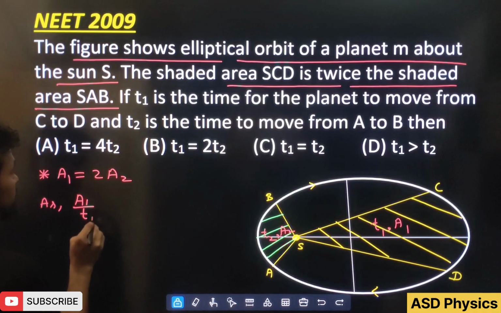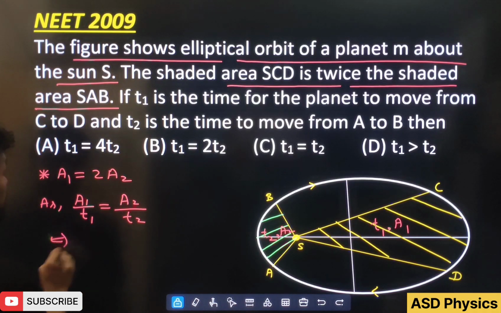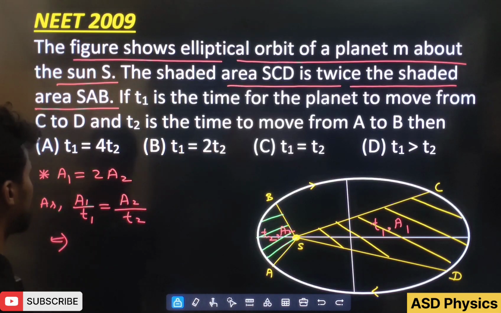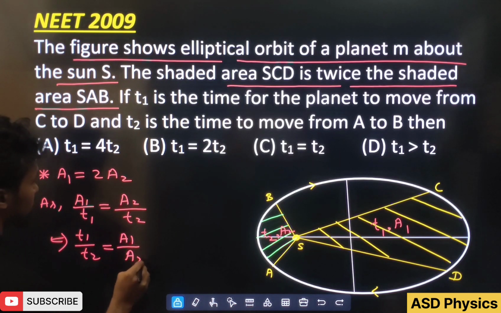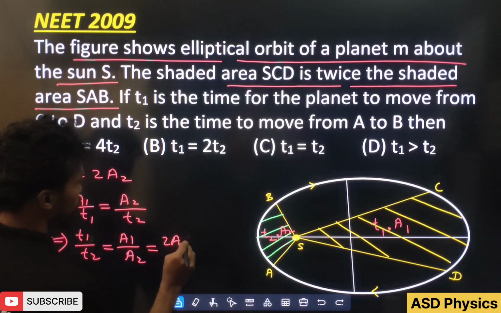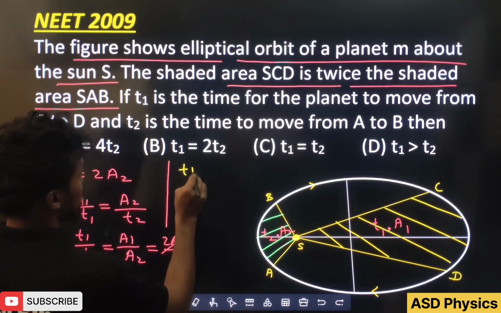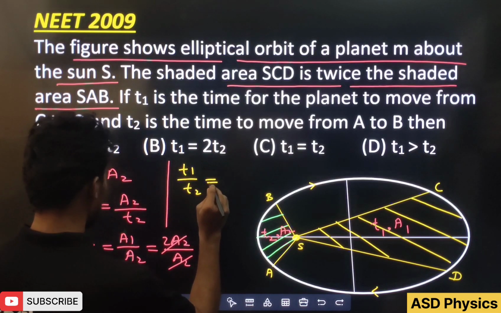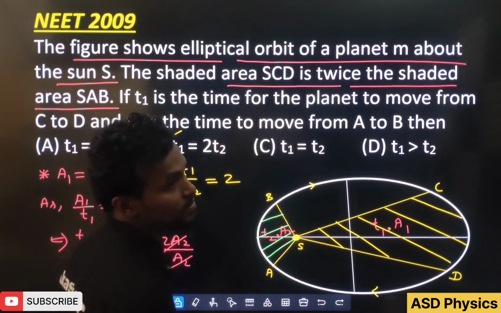That means A1 by T1 is equal to A2 by T2. So T1 by T2 is A1 by A2, which is 2A2 by A2. A2 cancels. So T1 by T2 is equal to 2. That means the correct answer is option B.